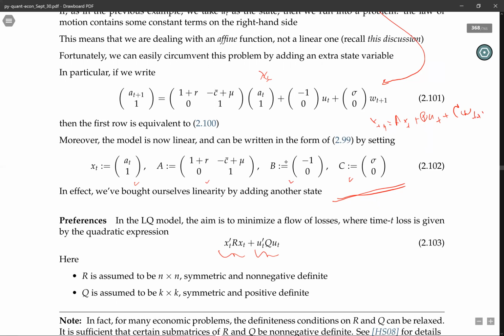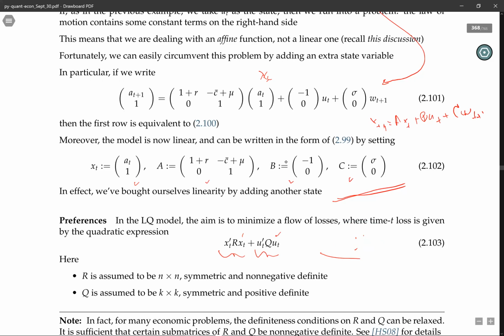Now, sometimes people also add this. They write out, we could also live with this, a cross product term. We don't need it for this problem, but the math would easily go through if I added this. So it would still be quadratic, but there'd be a cross product between the u and the x. But we'll leave that out for now.